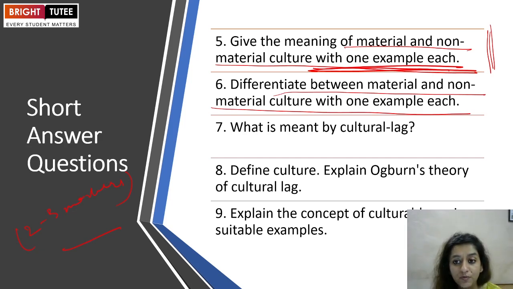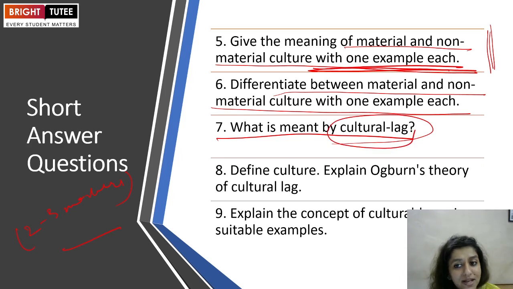Again, that is also very easy to do. What is meant by cultural lag? We just discussed. The pace at which the material culture is moving is very high, very fast. However, the pace at which the non-material culture moves is not that high. The imbalance because of the difference in the speed of these two causes the cultural lag.